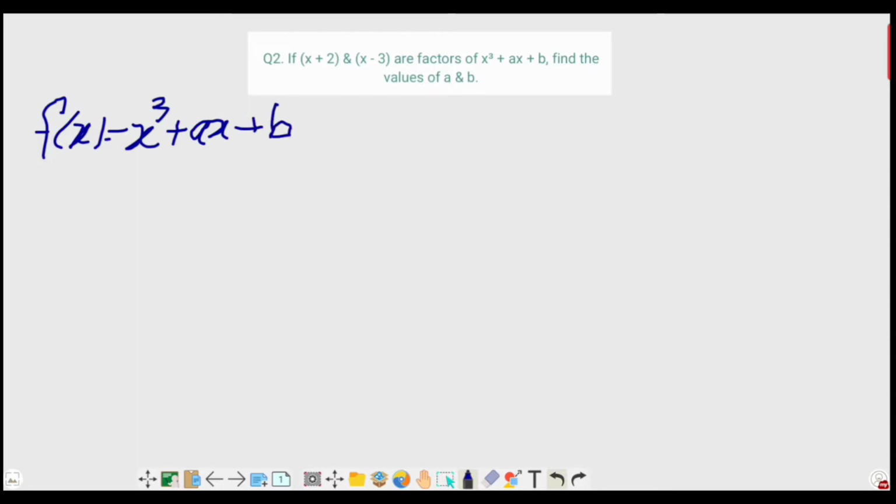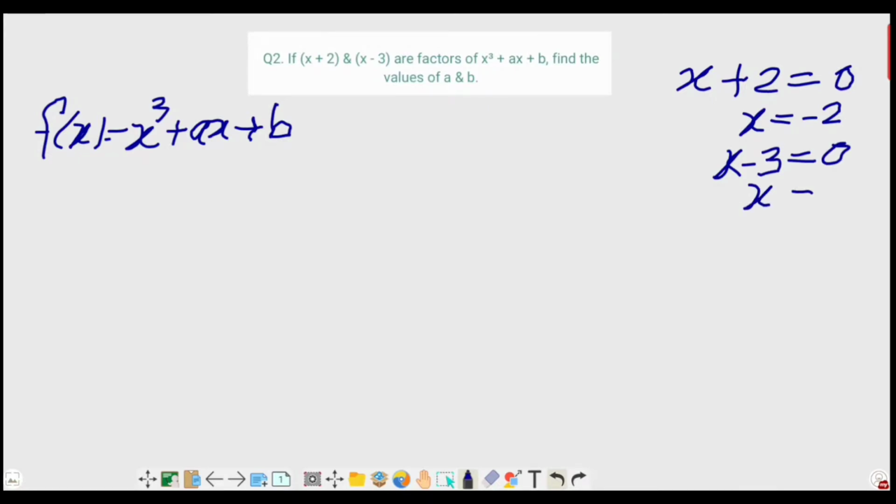Both are factors, which means both will give you the remainder 0 according to the factor theorem. Now one of the values is minus 2 and the other value, according to the next binomial, is 3. So first we will find out f of minus 2.